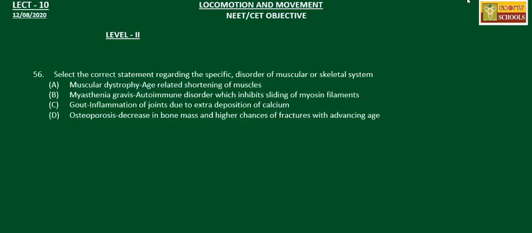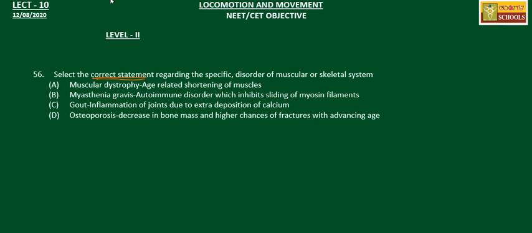The next question: select the correct statement regarding the specific disorder of the muscular or skeletal system. So we need to find the correct statement here. The first one is muscular dystrophy. Muscular dystrophy is progressive degeneration of skeletal muscle, and that is due to a genetic disorder.